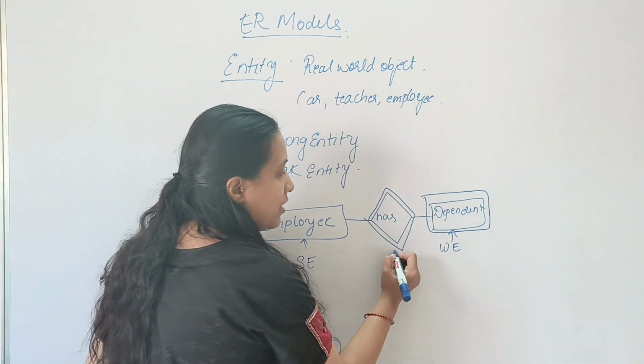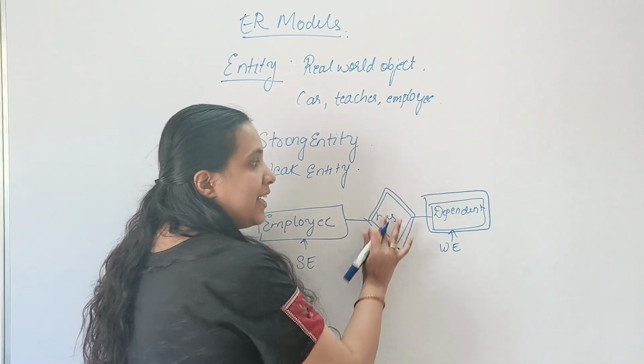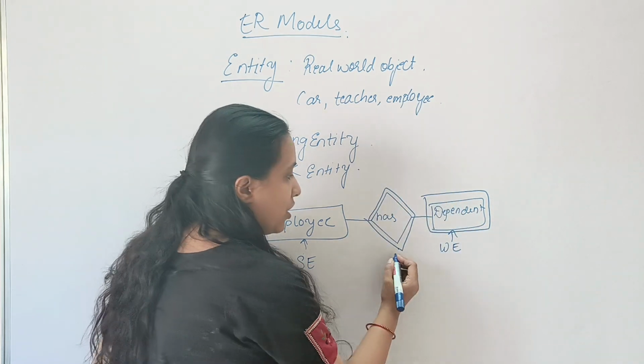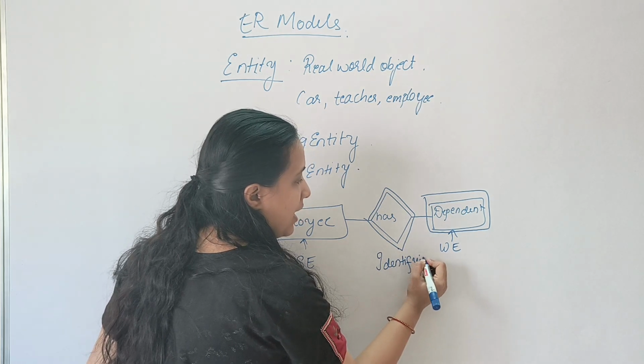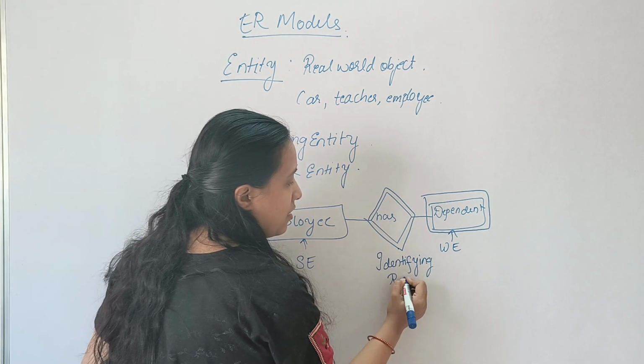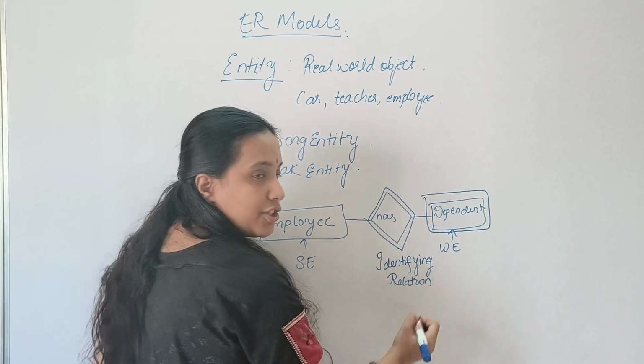So this relation which identifies the weak entity is called the identifying relation.